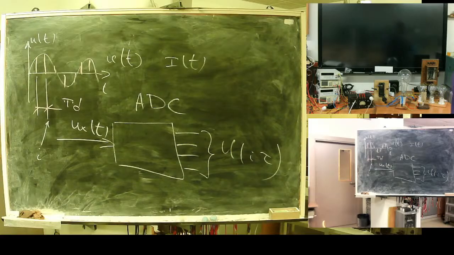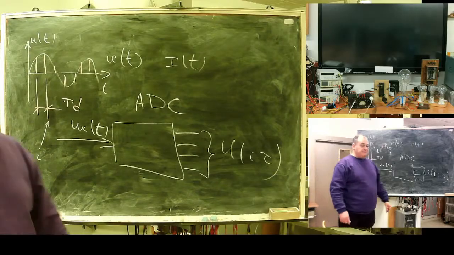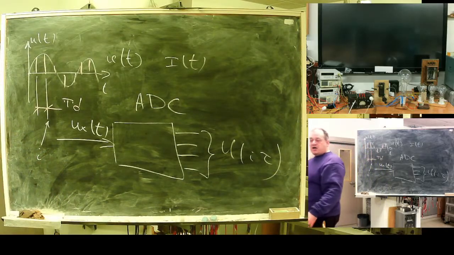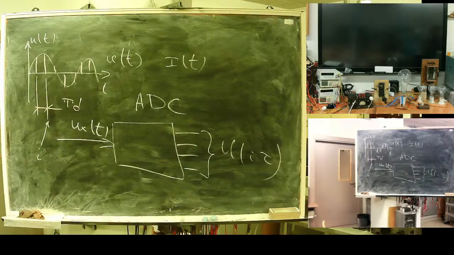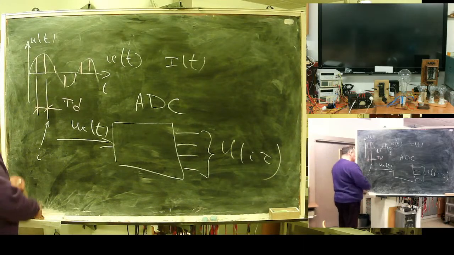At a first look, you can think that it's a kind of digital voltmeter, automatic voltmeter, where at the port we have voltage, and at output we should get some digits representing this measured voltage.